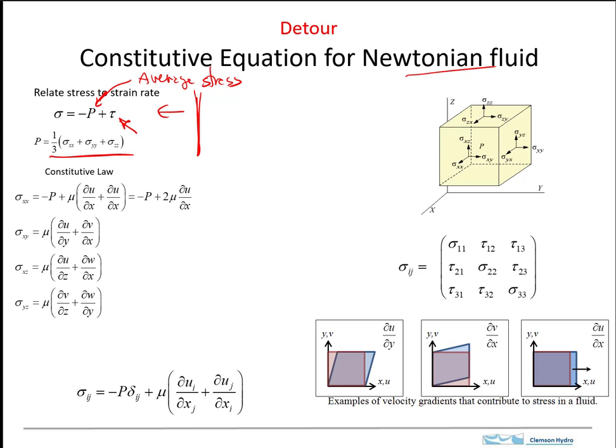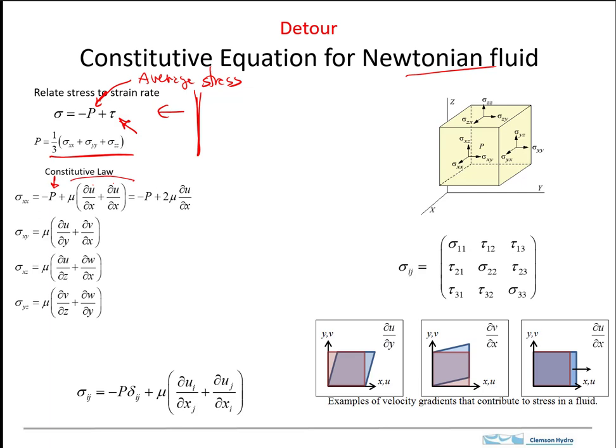And now the constitutive law is going to be this. There's the pressure; pressure is going to be the mean stress. And the variation we're going to write like that, where u is the velocity, and we're going to take this as the sum of these two velocity gradients.